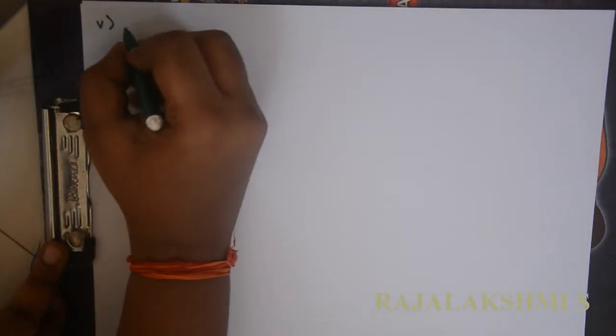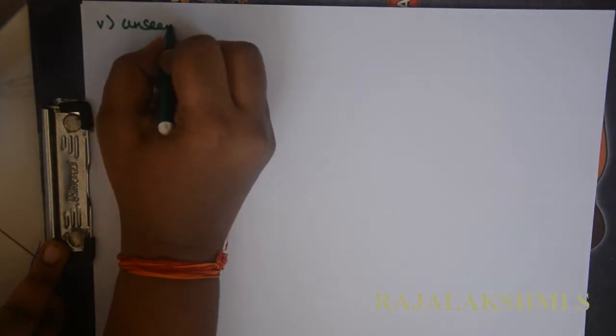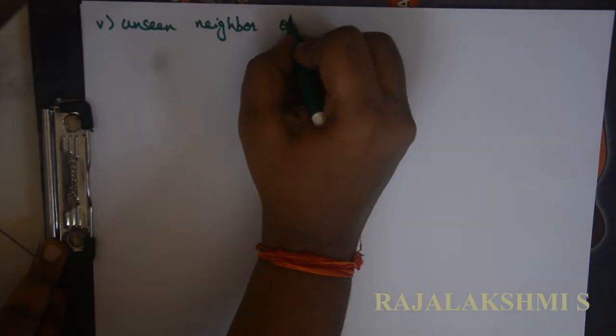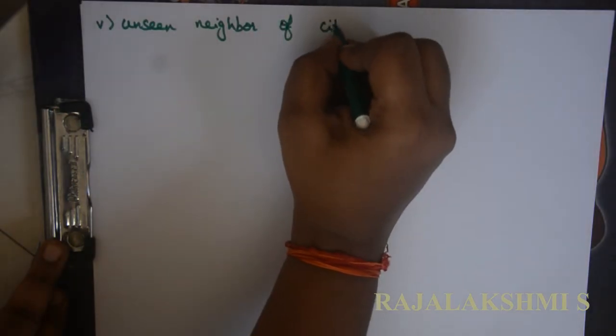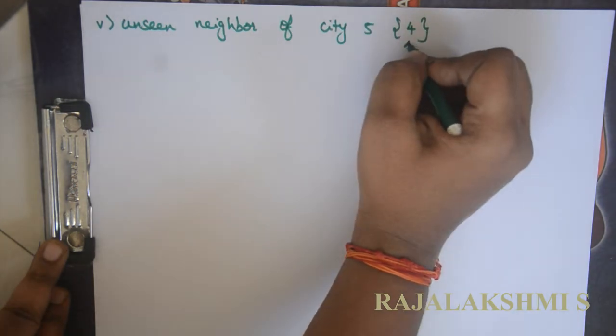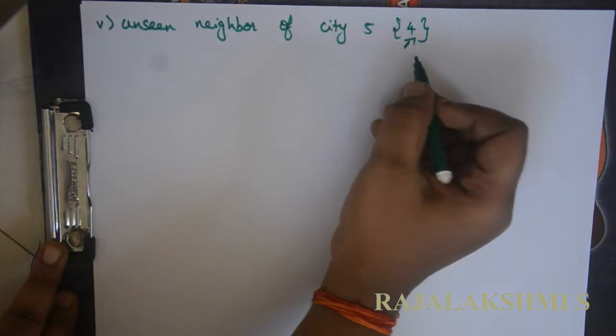Step 5. So the unseen neighbor of city 5. Who is the only unseen neighbor? 4. So definitely we have to visit this city regardless of the minimum distance.